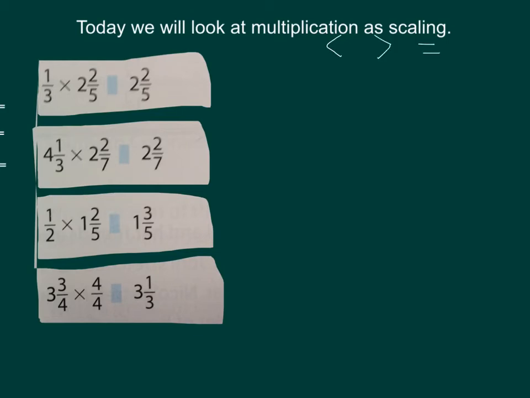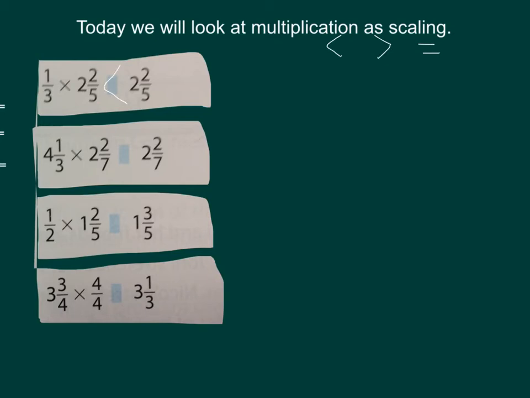If we take a look at this first one, 1/3 times 2 and 2/5, is it greater than, less than, or equal to 2 and 2/5? You know, when you multiply, this is going to be 1/3 of 2 and 2/5, so that number is going to become smaller. So we know right away that 2 and 2/5 is going to be bigger.